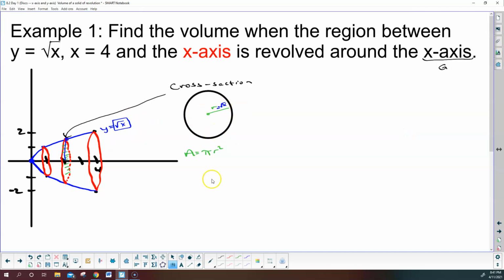All right, so there's my radius. So we're going to plug that in. Area is equal to pi r squared, but the radius is the square root of x. And then we're just going to simplify because that'll make our lives easier. So square root and squared go away. Here's the area of the cross section. Now this represents any one of these infinite amount of circles that we have.